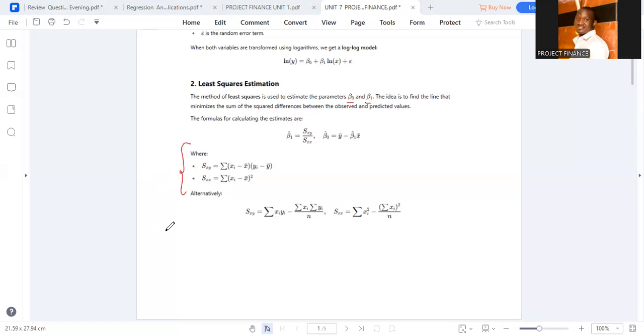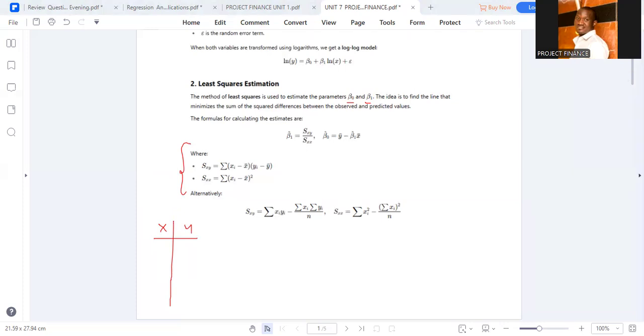So if you have variables, for instance x and y, we want to understand the relationship that exists between the two variables. To start with, the variables x and y can either have a positive or a negative relationship. The positive relationship can be upsloping and the negative relationship can be downsloping.